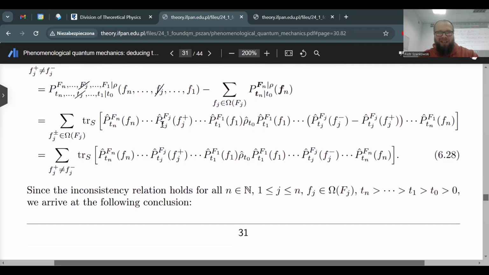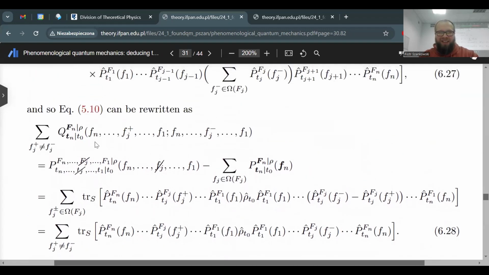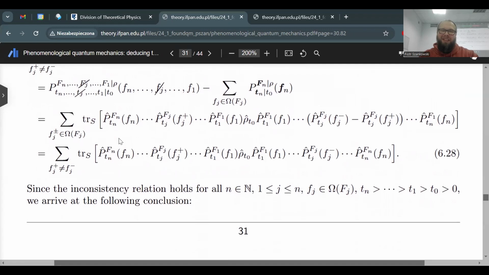You rearrange some terms, change the names of variables, and you get a formula where this sum, in which everything is diagonal except for J, equals the formula where you have the same sum and a trace, and at J you have projectors. On the left side, you have a projector on Fj plus, on the right side, Fj minus.